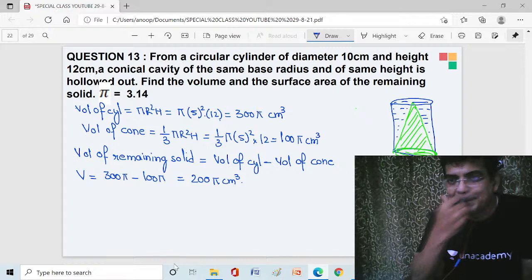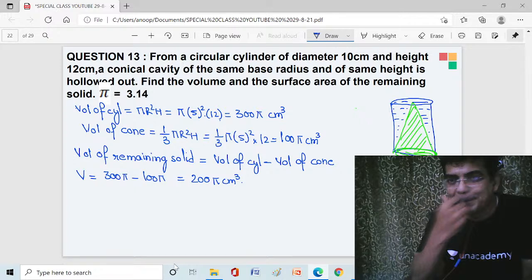So 628 centimeter cube. So this will be the volume of the remaining portion. Hope this much is clear to you, how to find the volume of the remaining portion.